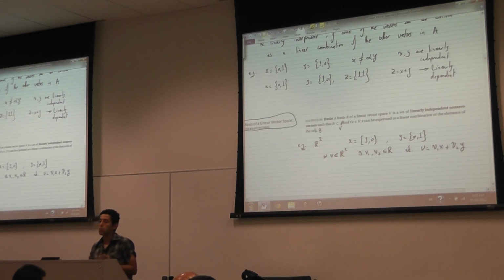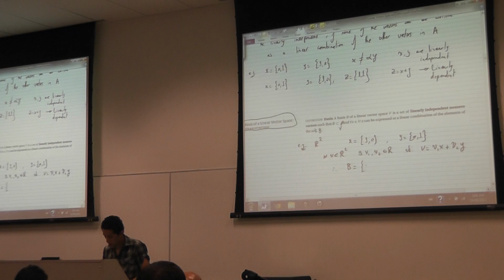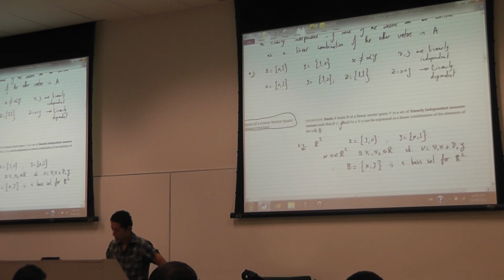V can be written as a linear combination of those two elements x and y. Therefore, the set of vectors x and y is a basis set for R2, and those two vectors are linearly independent.